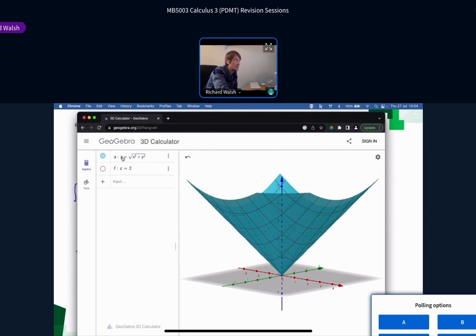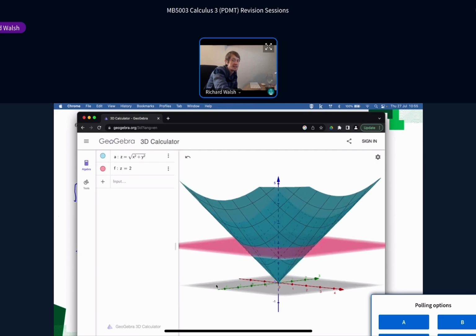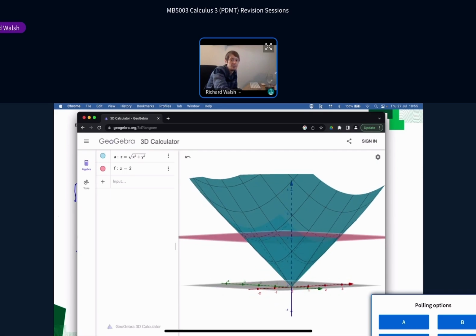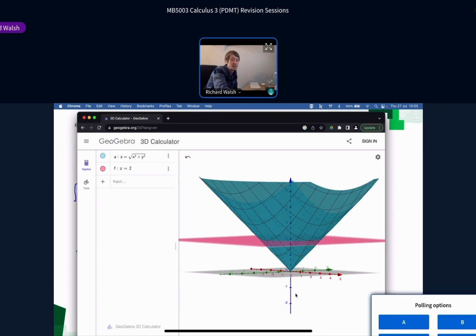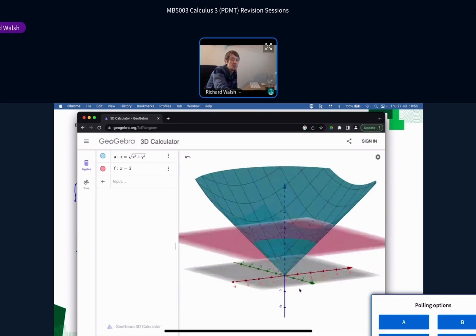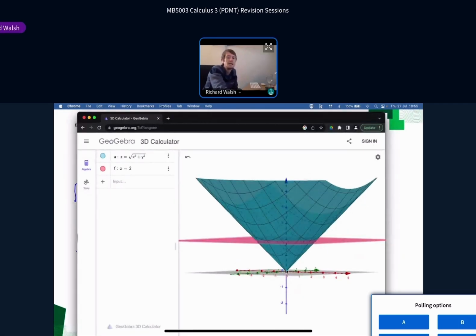Everything else has to be positive, because when I square x and y, regardless of what they are, it gives a positive number, so it has to go upwards into the positive z-axis. It's bounded by the cone and the plane z equals 2, like a flat sheet of paper at z equals 2 that intersects with the cone. So the region E is the cone from 0, 0 up as far as that bit there.